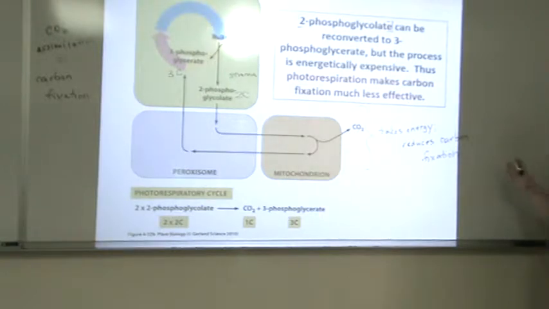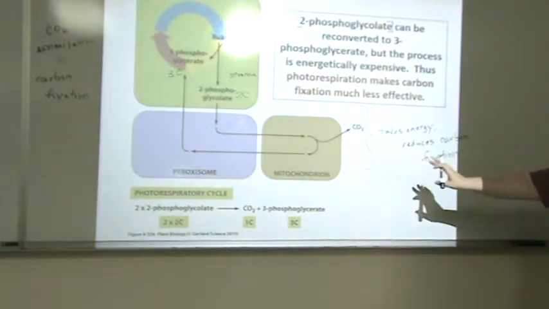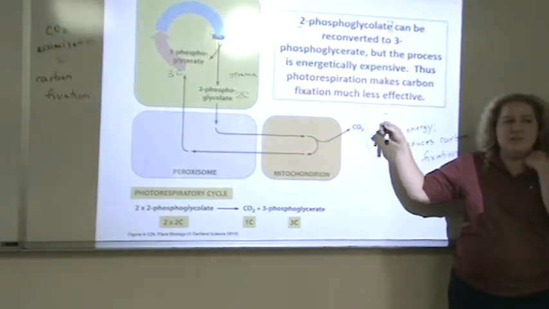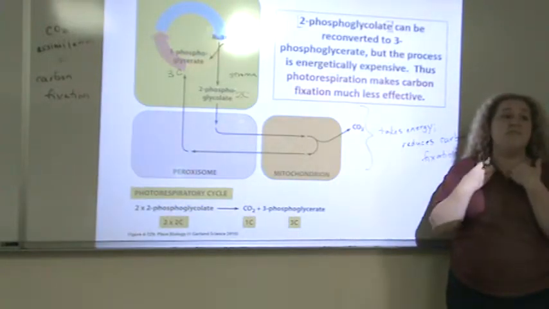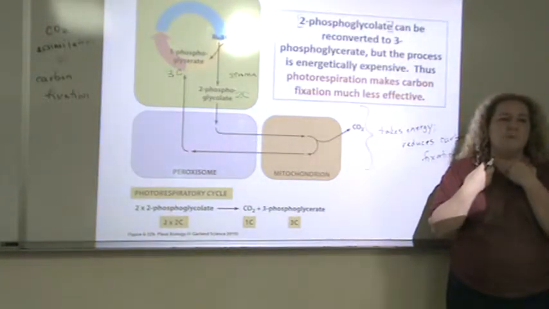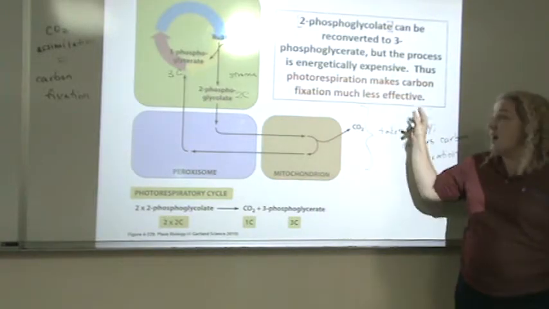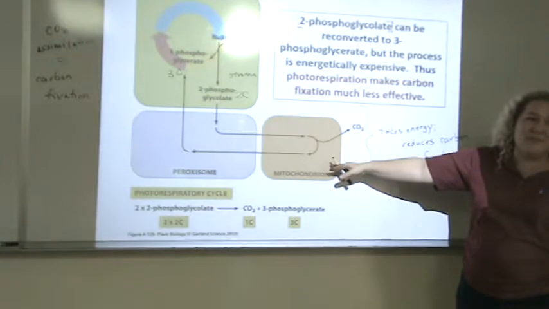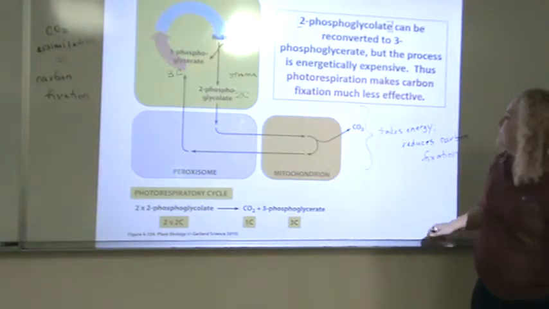The reason it's called that is because it was discovered that it happens before researchers knew why. So they knew that if they shine light in dry conditions, plants are releasing CO2 and using up oxygen, like we do when we breathe. We release CO2, we use up oxygen. That happens during this process when the lights are on. So they called it photorespiration. That's where the name comes from.